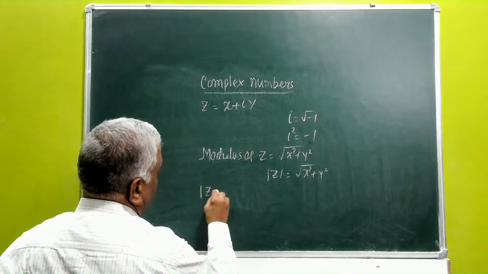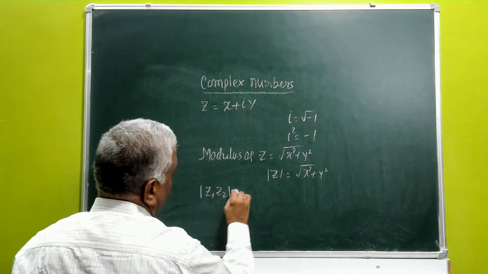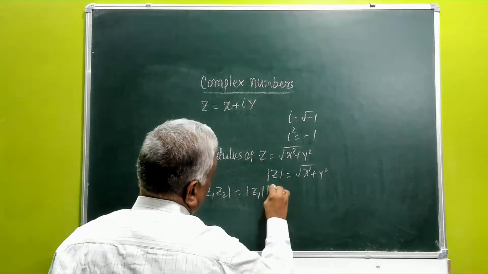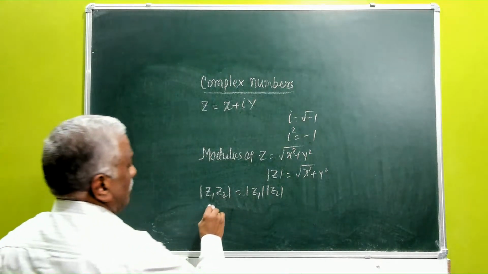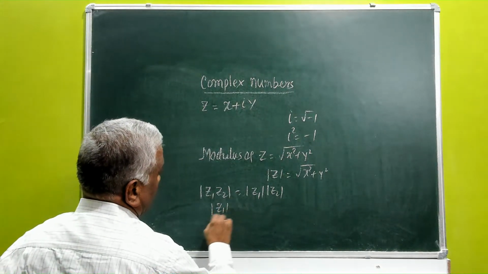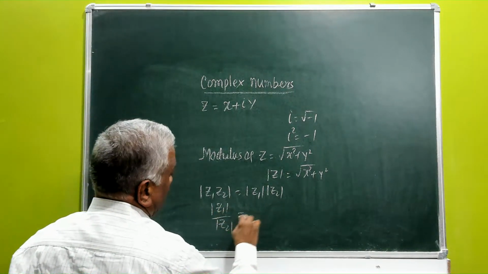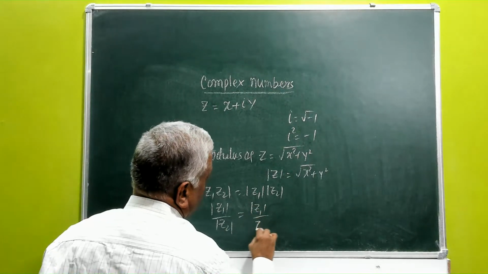Modulus of z1 into z2 is equal to mod z1 into mod z2. These formulas are very important, especially for CET. Modulus of z1 by z2 is equal to mod z1 divided by mod z2.